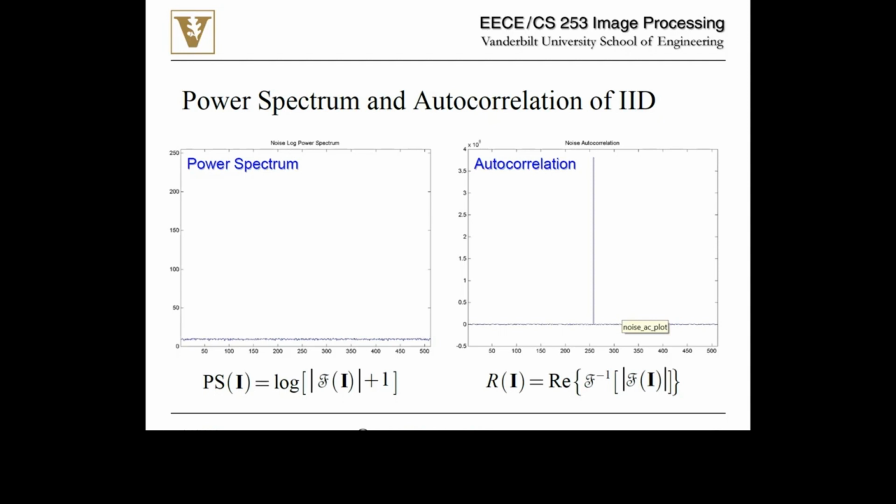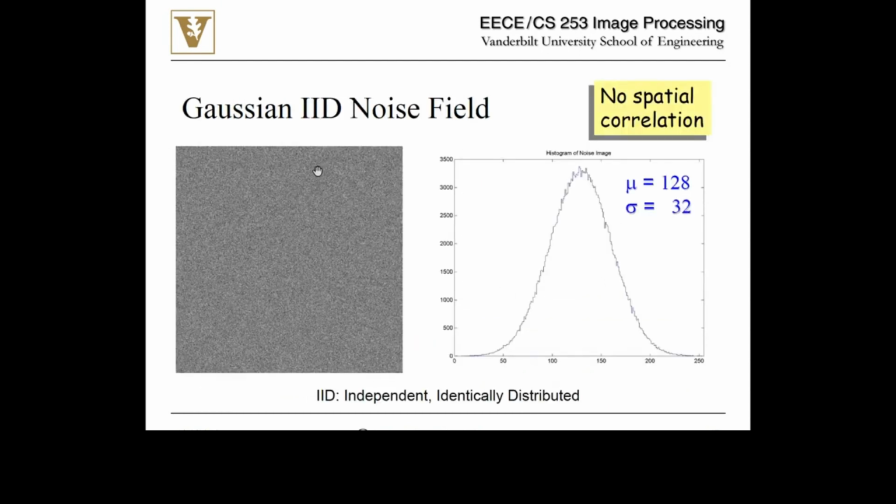And the real part is simply to avoid numerical instabilities. So in principle, that should be a real number, but because of the numerical calculations in the computer, sometimes you get an imaginary part like 10 to the minus 16, and you don't care about those imaginary parts. So it looks like a delta. So a delta means exactly this, that each pixel is independent from the rest.